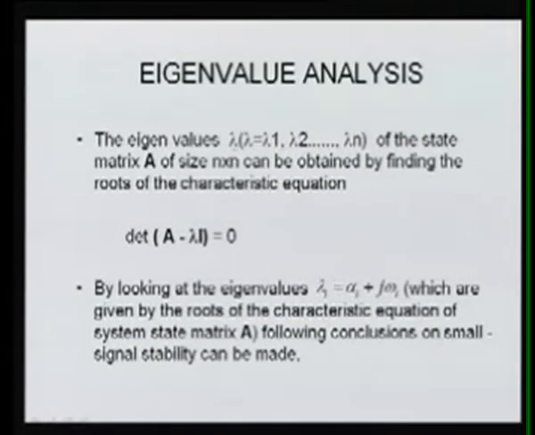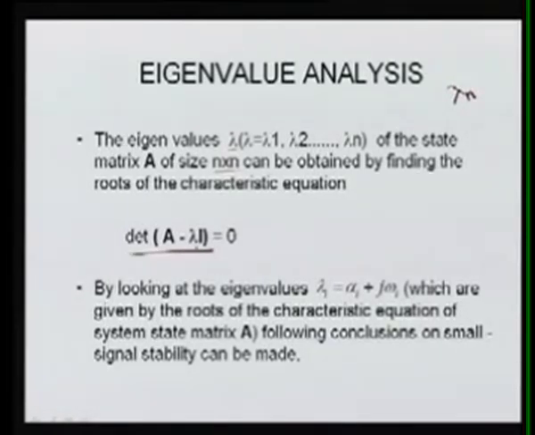So the eigenvalue is normally represented by lambda. If your state matrix is n cross n, you will have n eigenvalues. The eigenvalues of the state matrix A of size n cross n can be obtained by finding the roots of this characteristic equation.